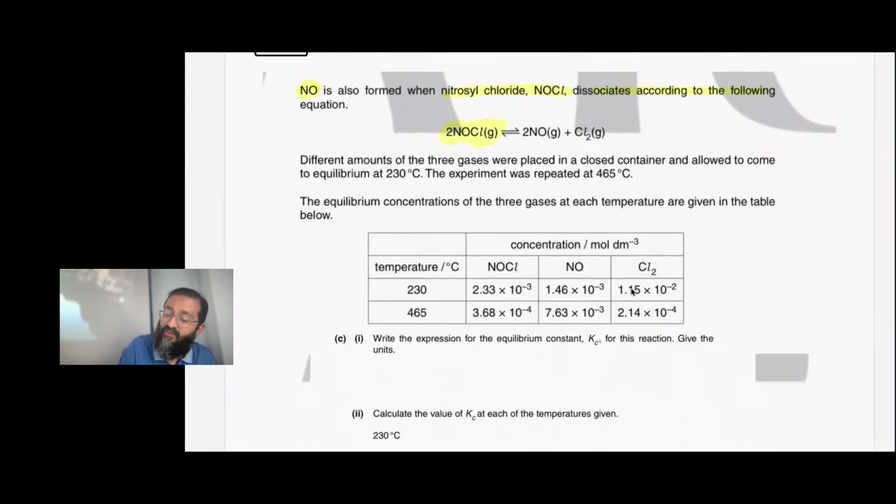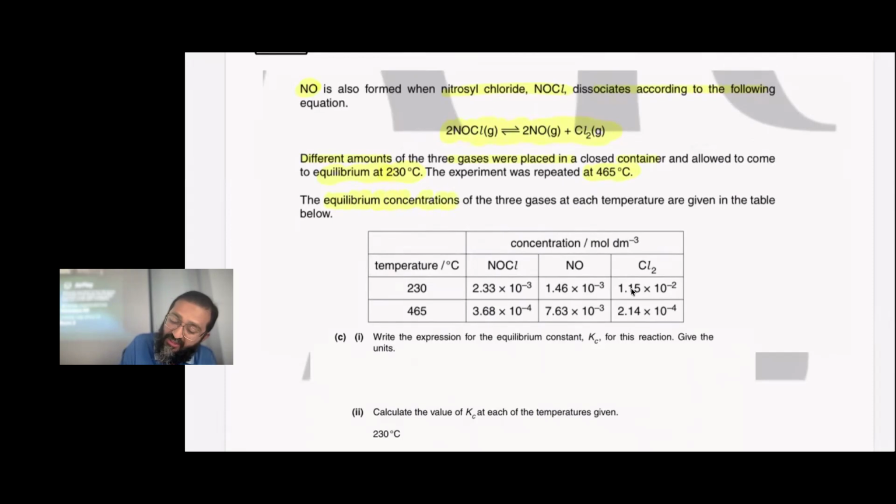Here we have 2 moles of NOCl decomposing into 2 moles of NO and 1 mole of chlorine. Different amounts of the 3 gases were placed in a closed container and allowed to come to equilibrium at 230 degrees Celsius, and then the experiment was repeated at 465 degrees Celsius. The equilibrium concentrations of the three gases at each temperature are given in the table below. Let me tell you, this is the easiest question for Kc.